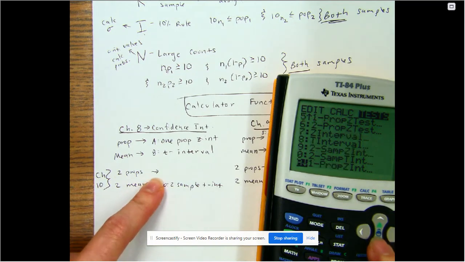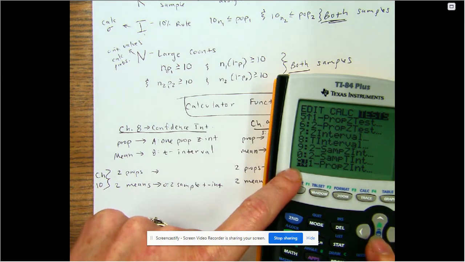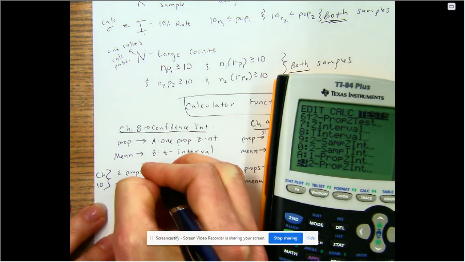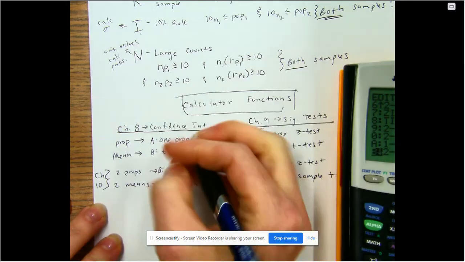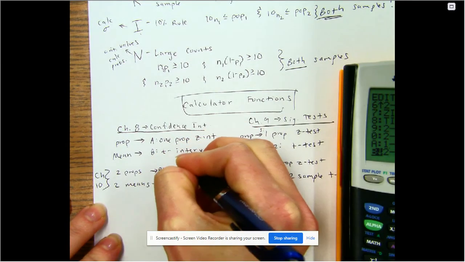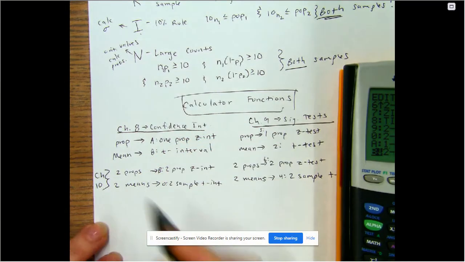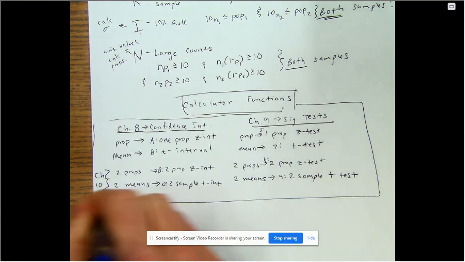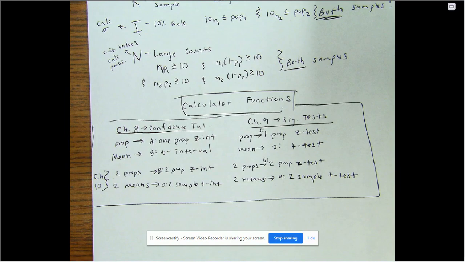For our proportions, remember we were way down on A, but for 2 proportions, it's just right underneath that, B, 2 proportion z interval. So here are all your calculator functions in one place. That's going to be really good for you to have later. All right, and let us do some of our practice problems, shall we?